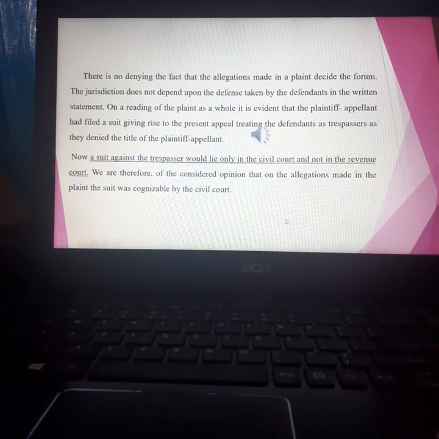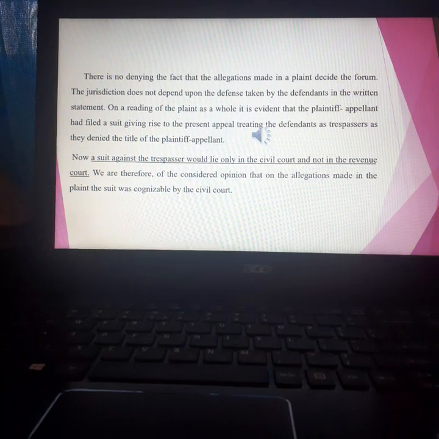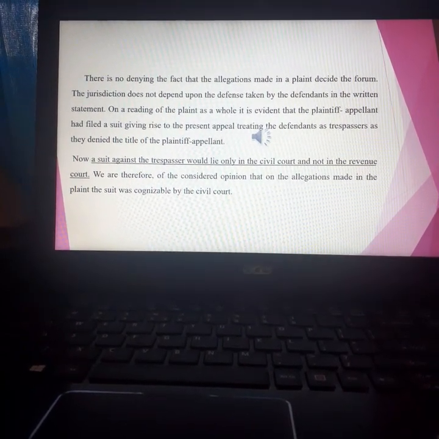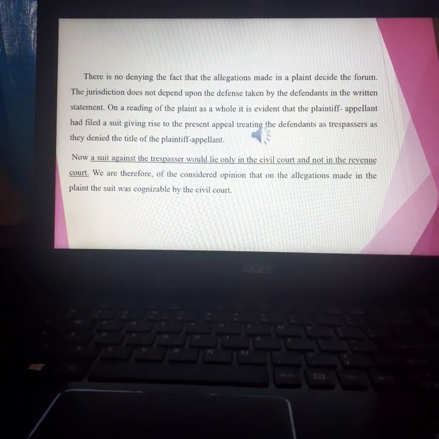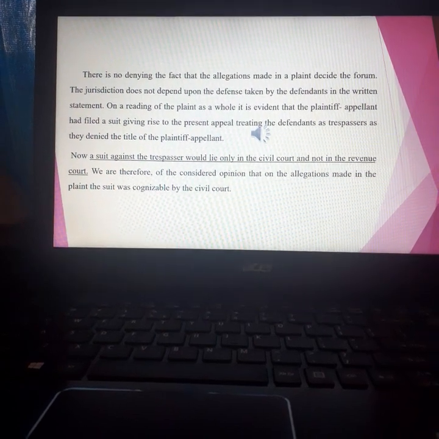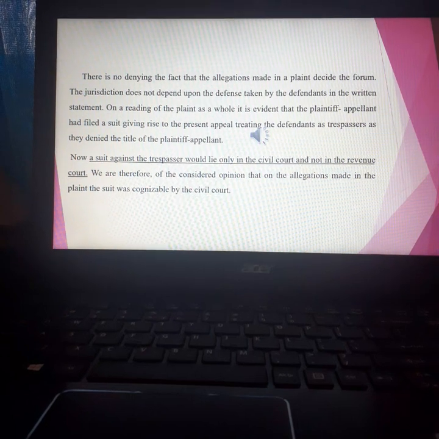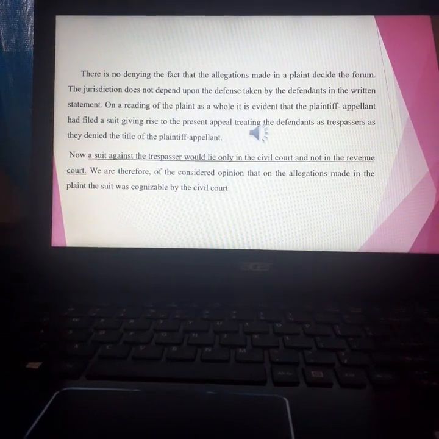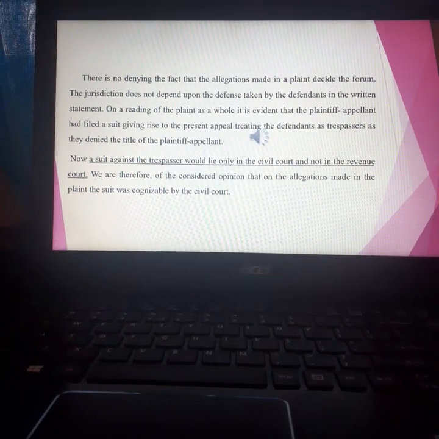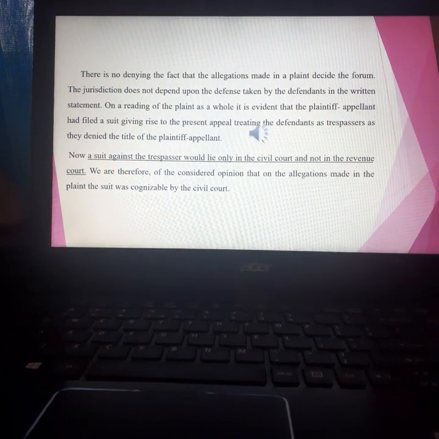There is no denying the fact that the allegations made in a plaint decide the forum. The jurisdiction does not depend upon the defense taken by the defendants in the written statement. On a reading of the plaint as a whole, it is evident that the plaintiff appellant had filed a suit giving rise to the present appeal, treating the defendants as trespassers as they denied the title of the plaintiff appellant.